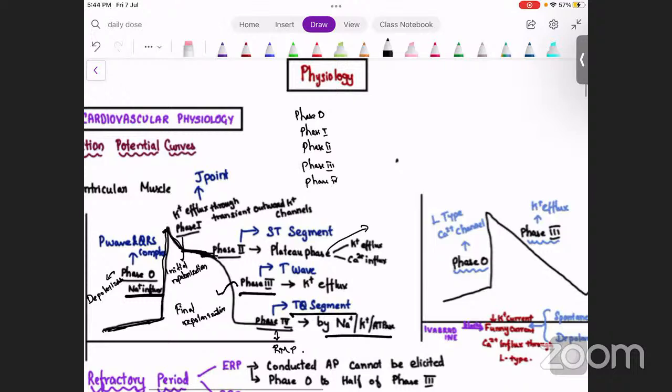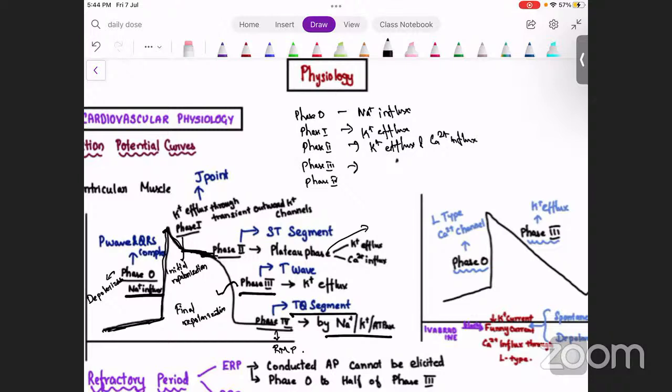What ions are responsible for phase 0? Sodium influx. Phase 1, potassium efflux. Phase 2, potassium efflux and calcium influx. That's why positive is going out and positive is coming in, so there is no change in the potential.